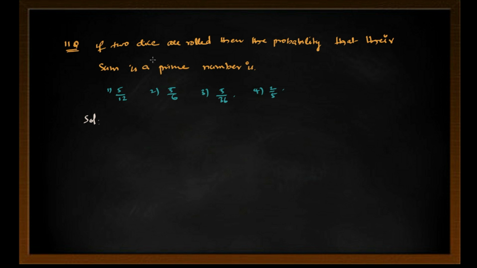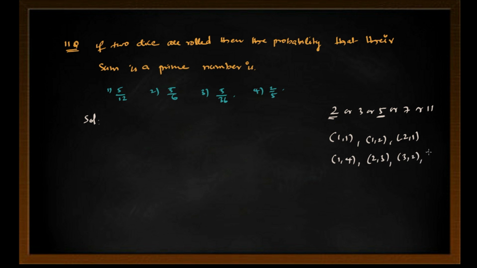Next question: if two dice are rolled, then the probability that their sum is a prime number. What are the prime numbers? The sum will be either 2, 3, 5, 7 or 11. To get 2, we require 1 comma 1. To get 3: either 1, 2 or 2, 1. To get 5: 1 4, 2 3, 3 2 and 4 1.